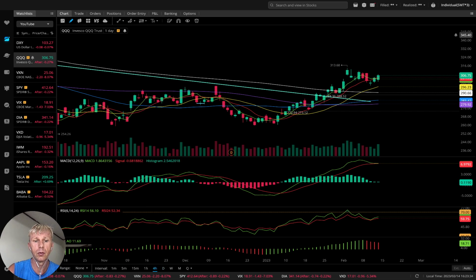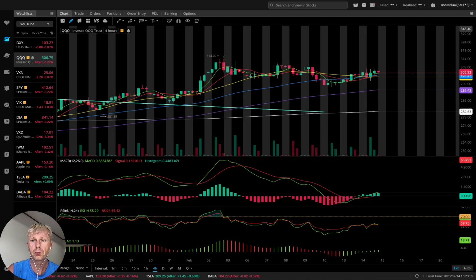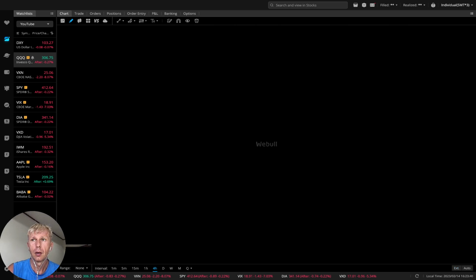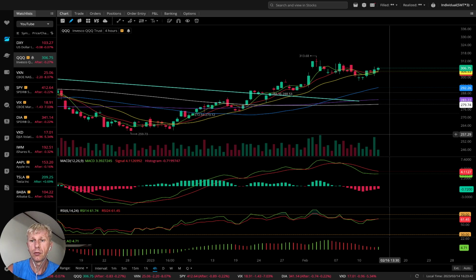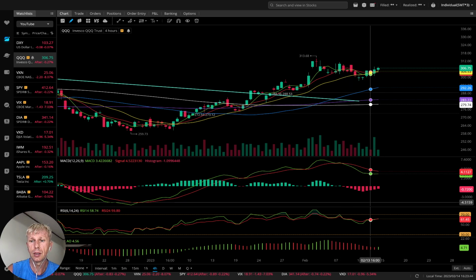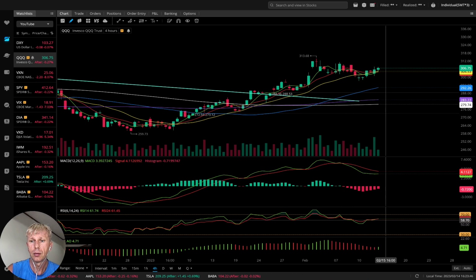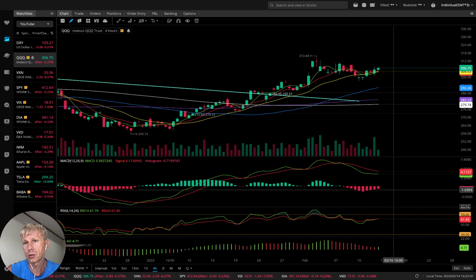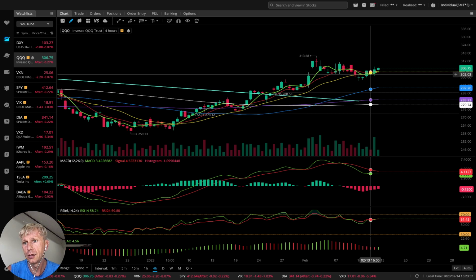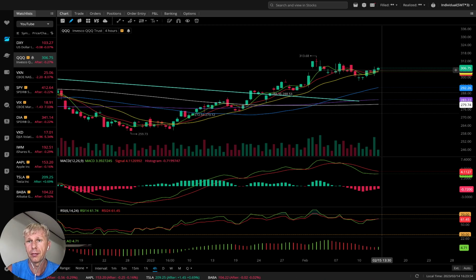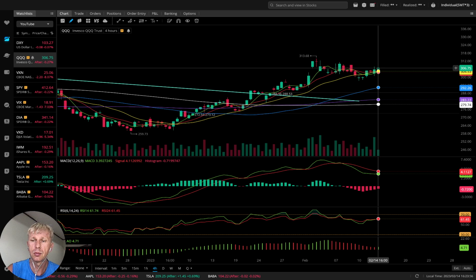Let's move to 4 hours. Let me remove extended hours. 4 hours is still bearish on MACD, while RSI and awesome oscillator are ready for bullish crossover. MA5 did a bullish crossover over 10 and it closed above all moving averages.